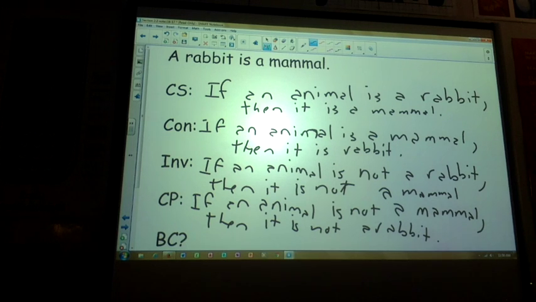A good one to go with, again, is if today is Friday, then tomorrow is Saturday. If I made it a biconditional statement, I could say, today is Friday if and only if tomorrow is Saturday. Make sense?